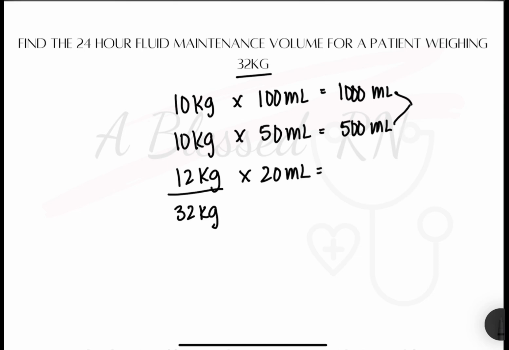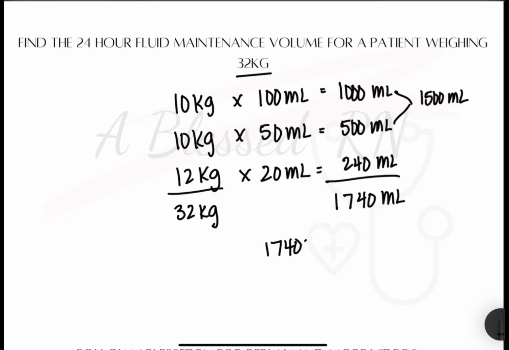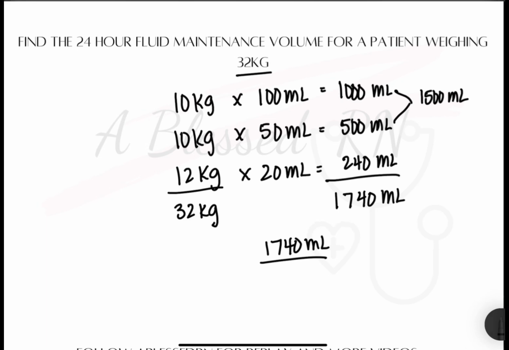Now, doesn't this look like that 1,500 milliliters that was from the formula? And so now if you do your 12 kg times your 20, that's your 240. So if you add all of those up again, you'll get that same 1,740 milliliters per 24 hours. Ta-da! Isn't that an easier way to do that?